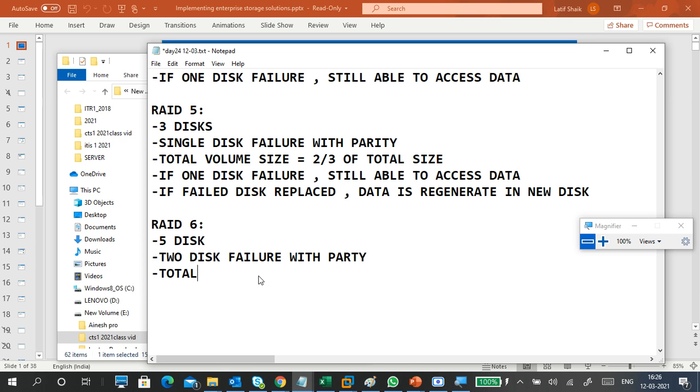So total volume size is 3 by 5 of the total.